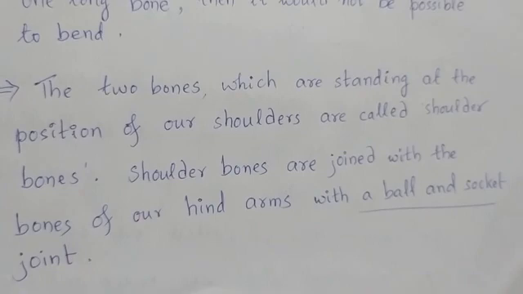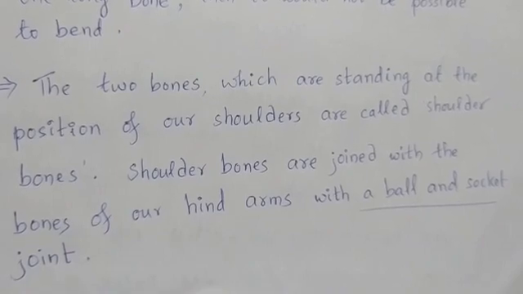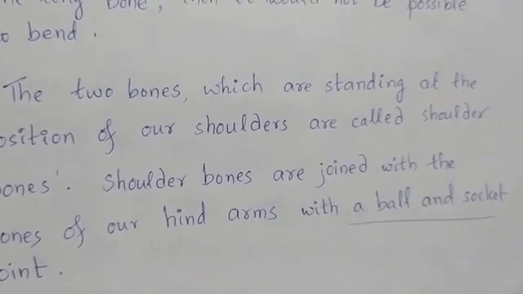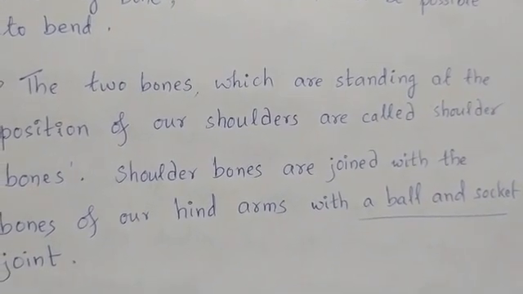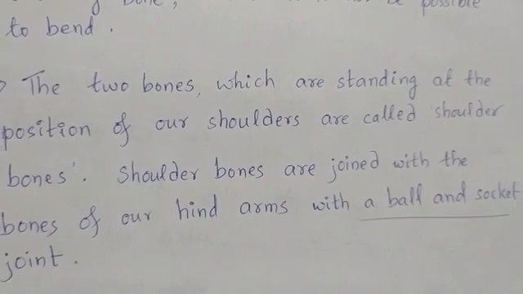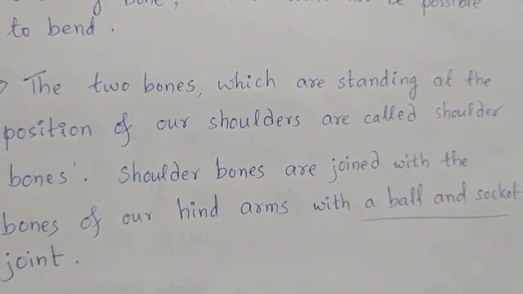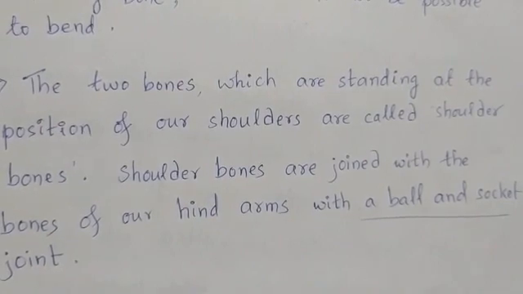These two bones appear as if they are standing. The two bones which are standing at the position of your shoulders are called shoulder bones.